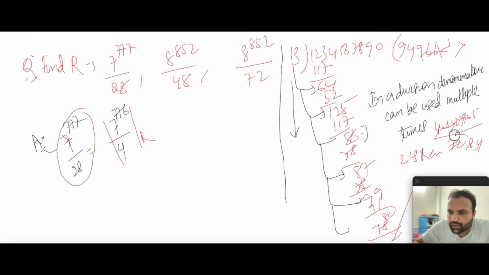So the denominator is getting used again and again till the time the remainder is less than the divisor. Understand this concept: the denominator can be used again and again till the remainder is less than the denominator or divisor, whatever you may say. It's the same thing because the divisor is at the denominator's place.